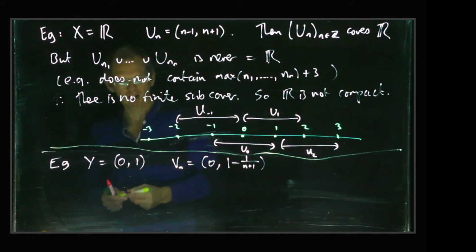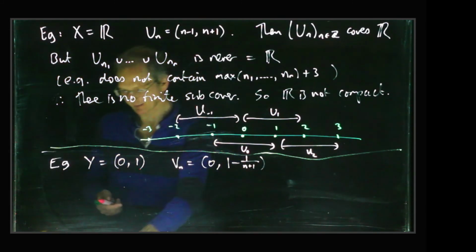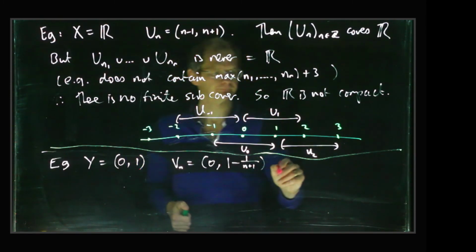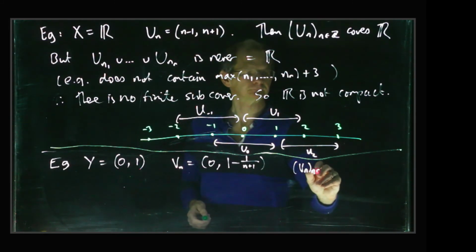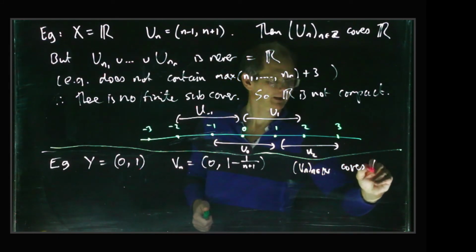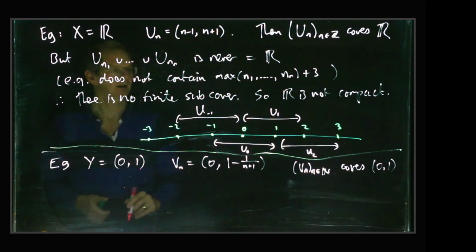We've got Y as the open unit interval, and V_n is almost like the open unit interval, but it stops a bit short. Then if you look at the family of all these V_n's, that covers the whole open unit interval there.